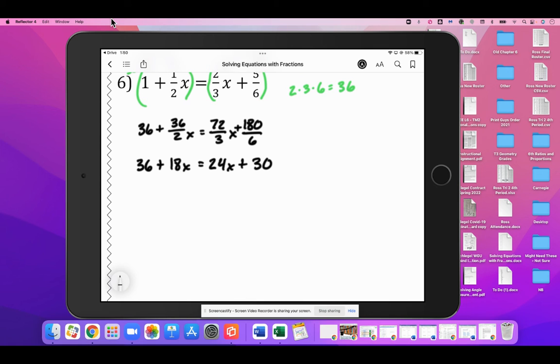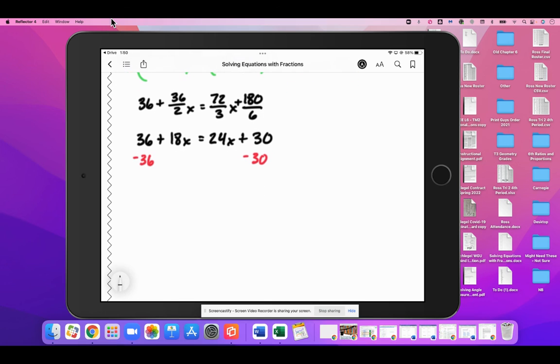So there's lots of correct things that I could do here. I'm just going to go ahead and choose to subtract 30 from both sides. I could subtract the 36, but then I end up with negative numbers, and I don't like that because I think negative numbers are more difficult. So I'm going to go with 18x equals 24x plus, what the heck is going on here?